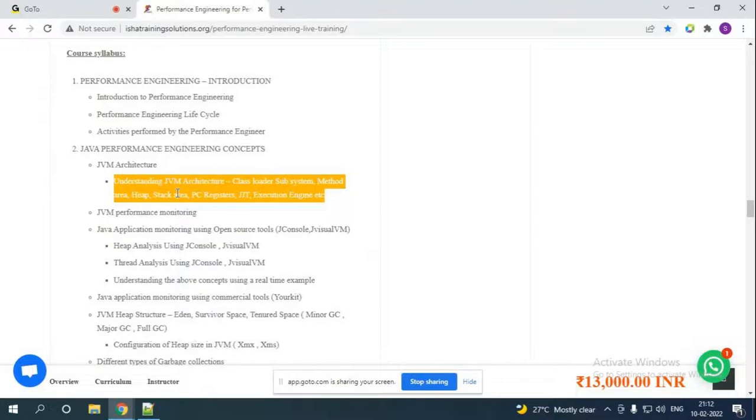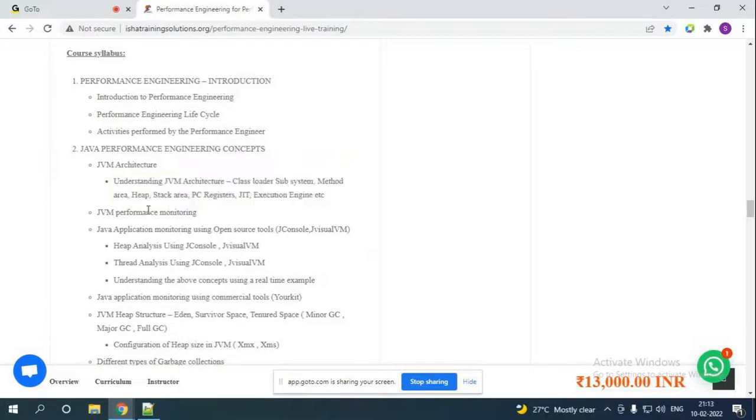Don't worry, we'll know each and every component in the architecture. Anyway, we are not going to work in all the components. We are going to work in the heap area and the garbage collection area. But even then, our focus is covering all the architecture components, so that we are going to do.